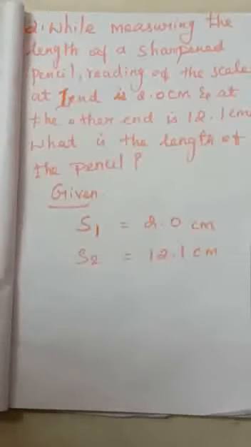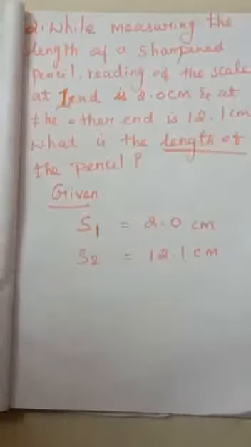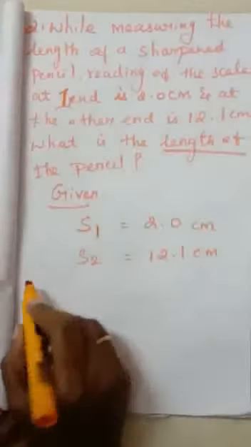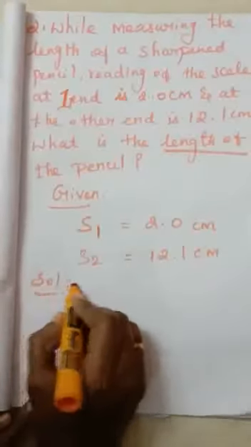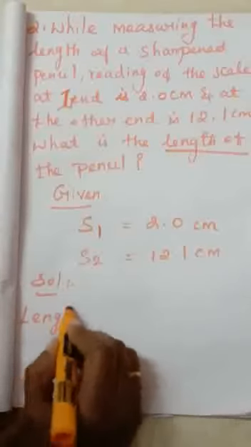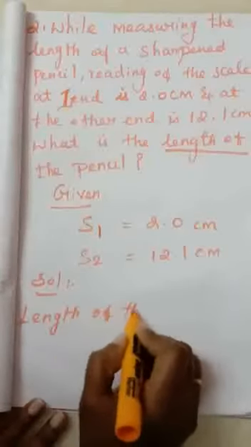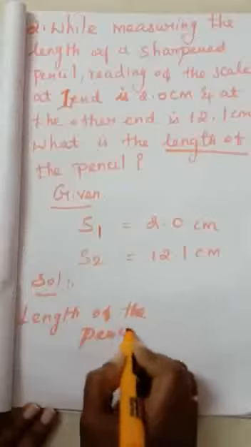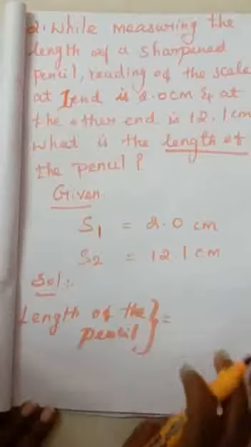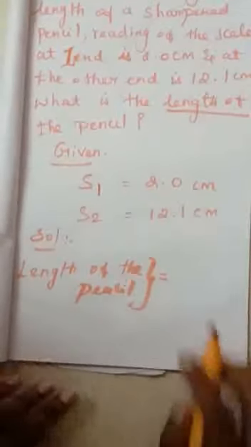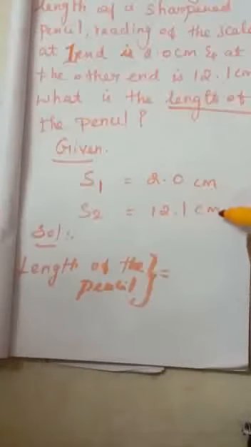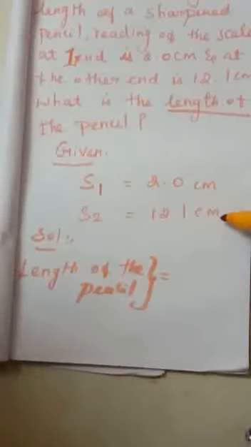Now what we have to calculate is the length of the pencil, right? Now the solution formula to calculate the length of the pencil. S1 is the small quantity and S2 is the large quantity, right?